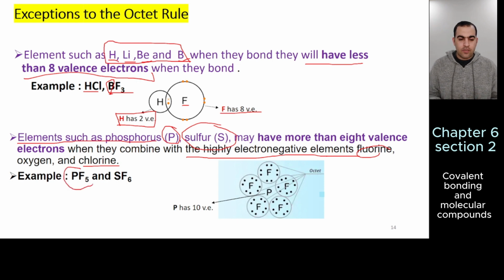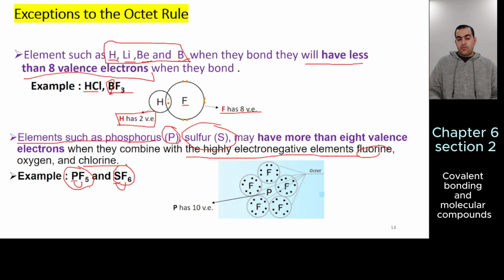Here, phosphorus pentafluoride, sulfur hexafluoride. Because phosphorus has bonded with fluorine, it is going to have more than 8. Sulfur with fluorine, because it has bonded with a highly electronegative element, it can have more than 8 valence electrons.